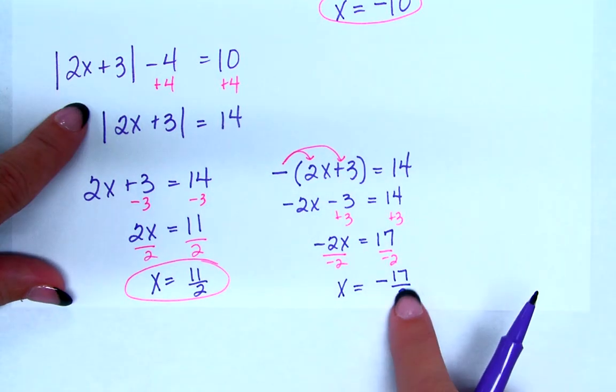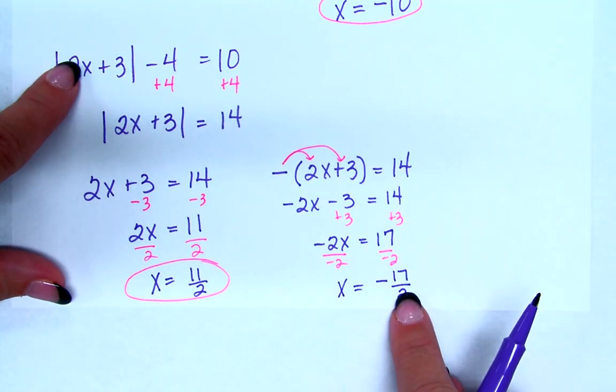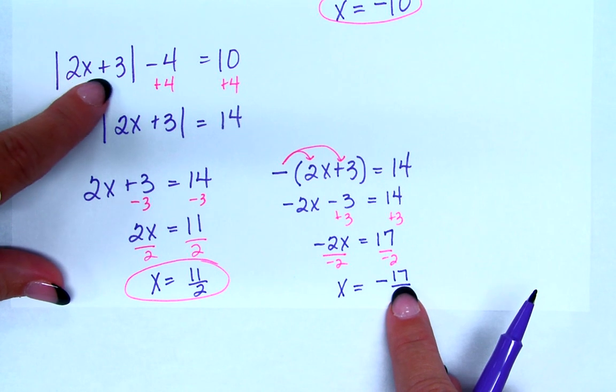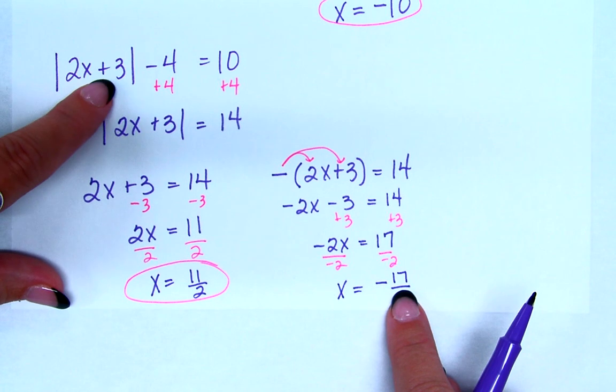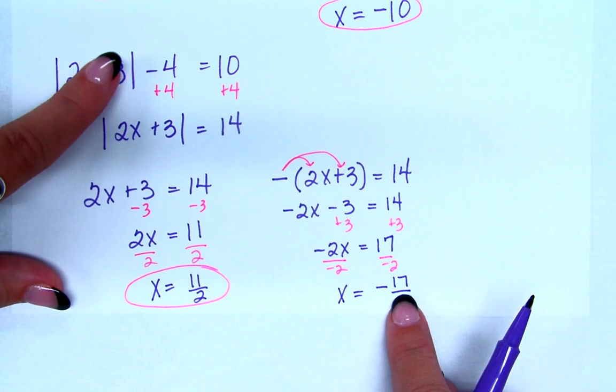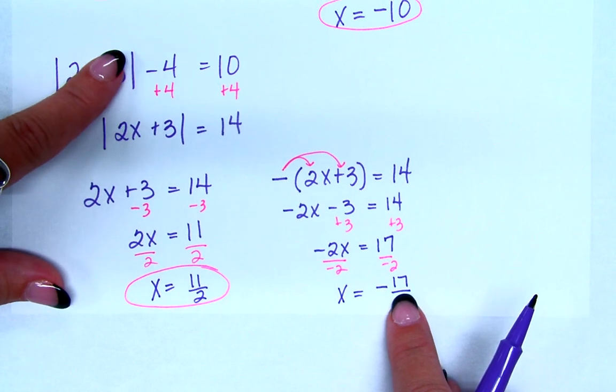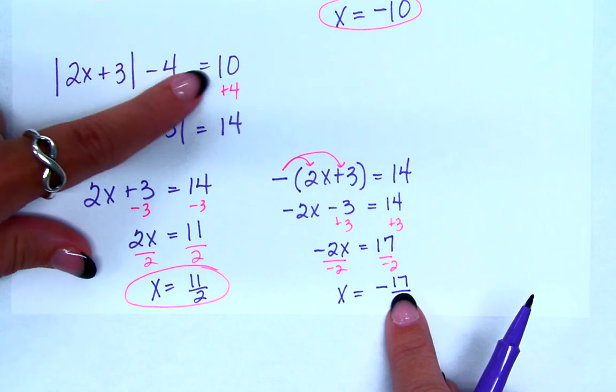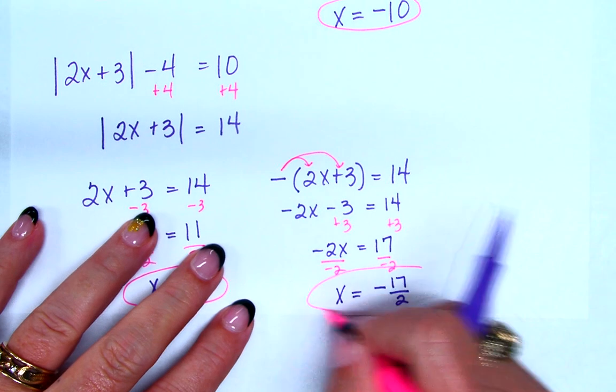Negative 17 over 2 times 2 is negative 17. Negative 17 plus 3, negative 14. What's the absolute value of negative 14? 14. 14 minus 4, does 10 equal 10? Then I know this one is correct also.